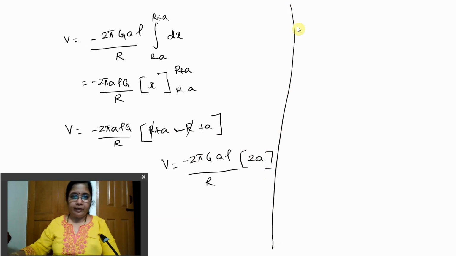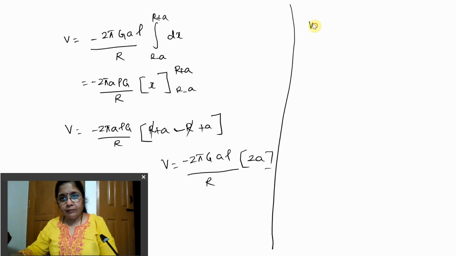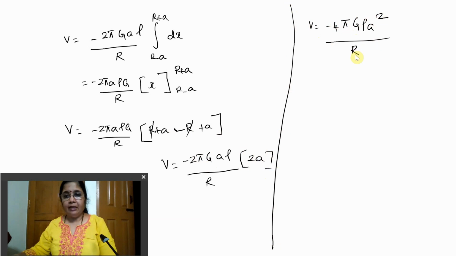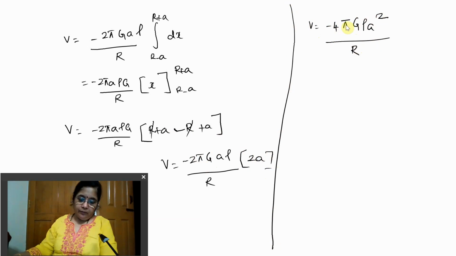So what do we have here? We have 2 into 2, 4. v is equal to minus 4 pi g rho a square divided by r.